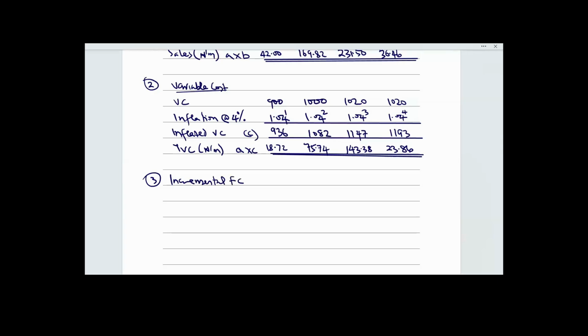So incremental fixed costs. The fixed cost in the first year is 10 million. Our figures are in millions, so 10 million, 10 million, 10 million. Then inflation is 5%. So here will be 1.05 raised to power 1, 1.05 raised to power 2, 1.05 raised to power 3, 1.05 raised to power 4.